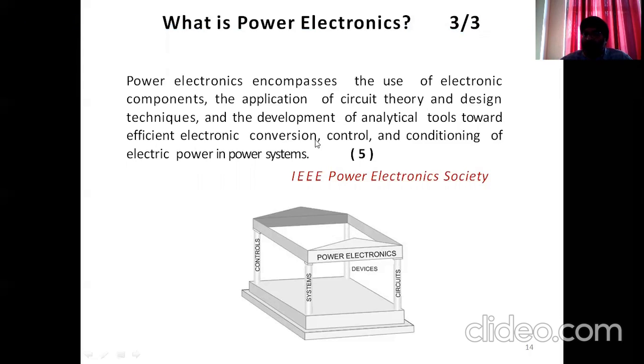So again, efficient electronic conversion. Control is required to get the desired output, and conditioning of electrical power systems. It means we need to process this electric power to get efficient electronic conversion. Same thing, but the way of saying it is a little different.